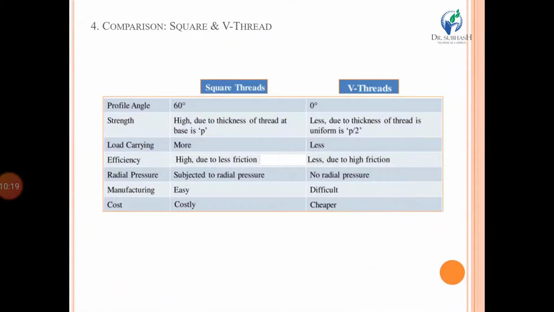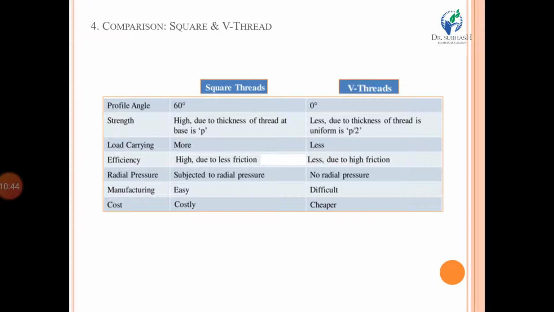Then after, there is a comparison between square and V over Acme or trapezoidal thread. Profile angle in the case of square thread is 0 degrees, whereas in the case of V thread it is 60 degrees, because there are straight flanks in the square thread, so there is no profile angle. Strength is high in square as compared to V thread. Load carrying capacity, of course, square thread has more than V thread.